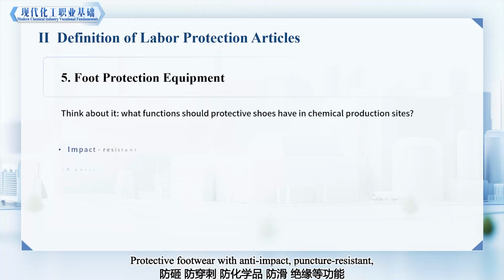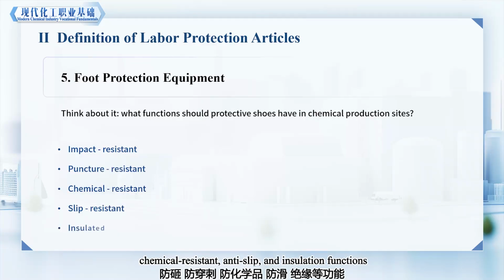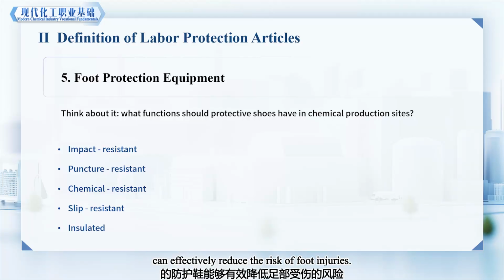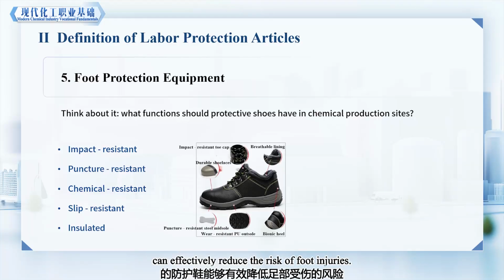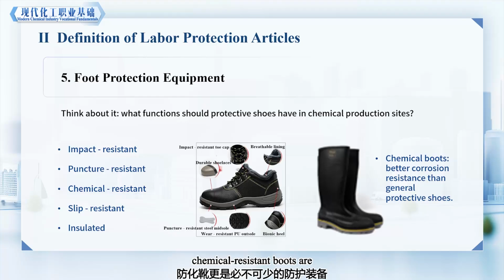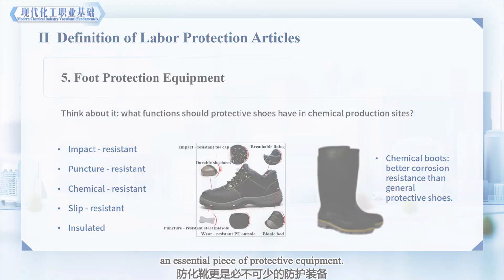Protective footwear with anti-impact, puncture-resistant, chemical-resistant, anti-slip, and insulation functions can effectively reduce the risk of foot injuries, especially when handling corrosive chemicals. Chemical-resistant boots are an essential piece of protective equipment.